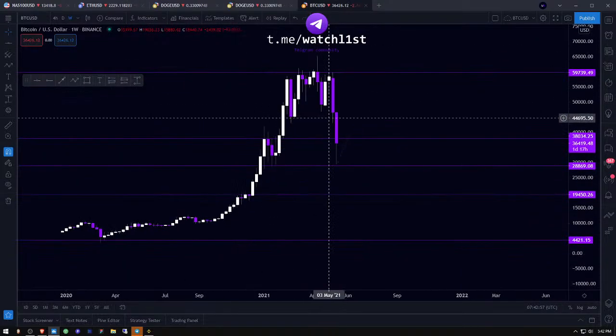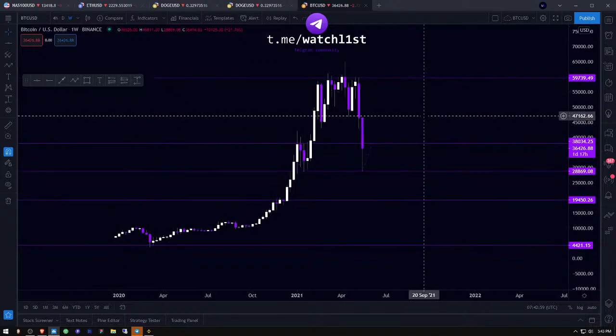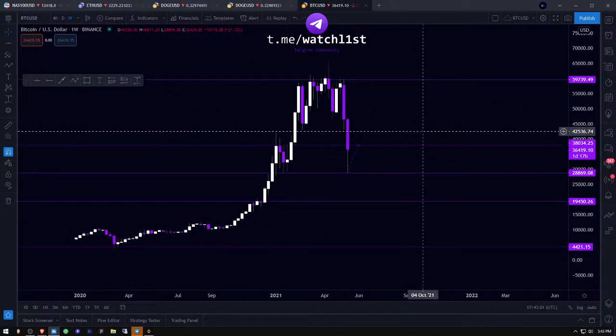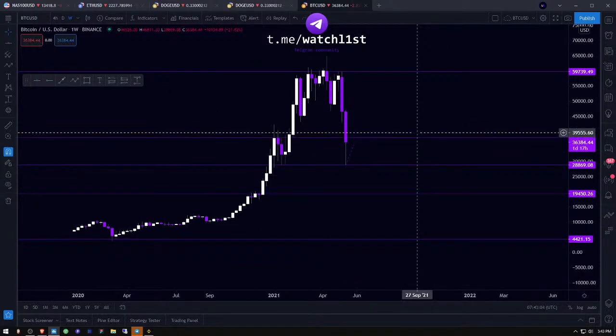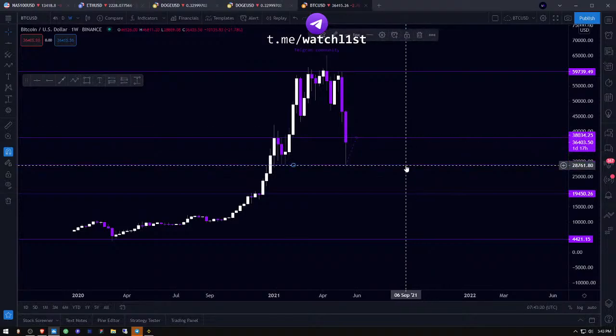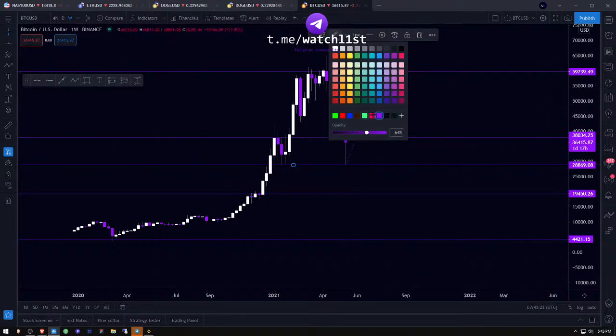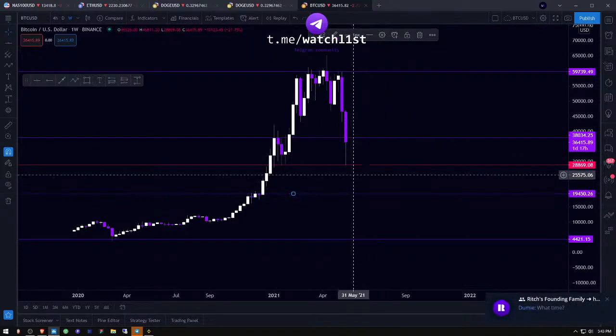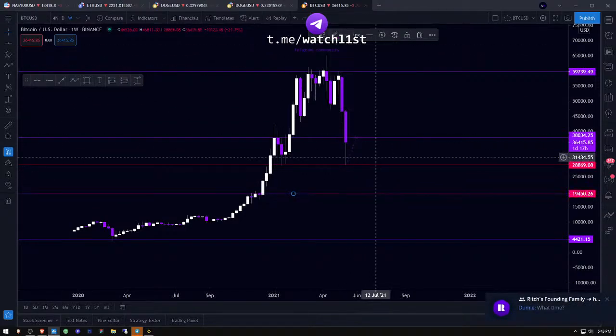So overall, what I can see is I believe Bitcoin versus USD will fall down a little bit more and close below 28,000. Not this candle, obviously, but I do believe it is going to fall down and close more than likely below 28,000, in between 28,000 and 19,450. So I'll give these a bit of a red color.